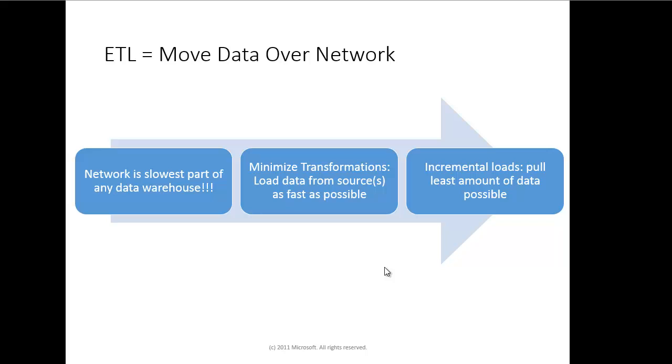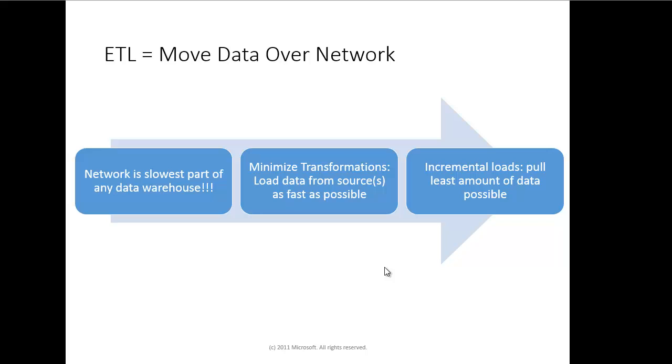Now think about whether or not your network is capable of that kind of throughput. In most cases, networks are measured in terms of gigabits, 1 gig, 10 gig, those kinds of things. And so you can quickly realize by doing a comparison like that that a network is much slower than any internal or other I/O component within the data warehouse.